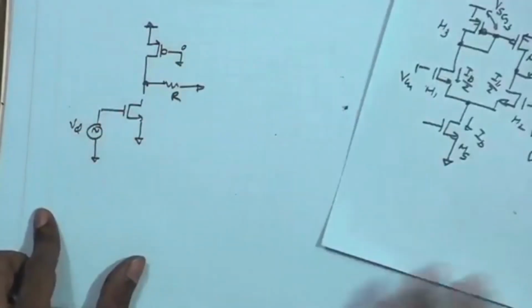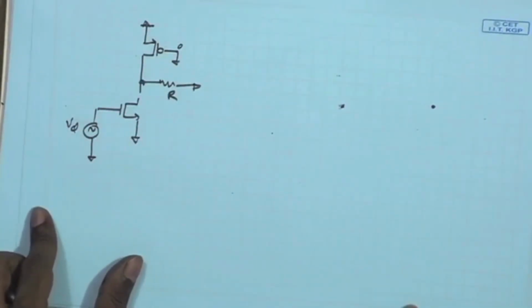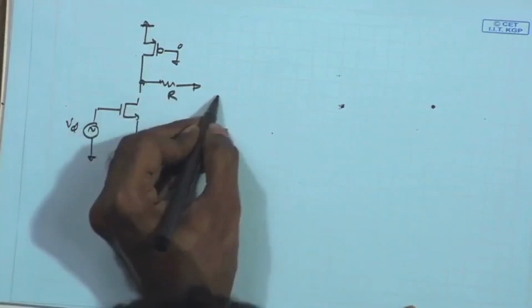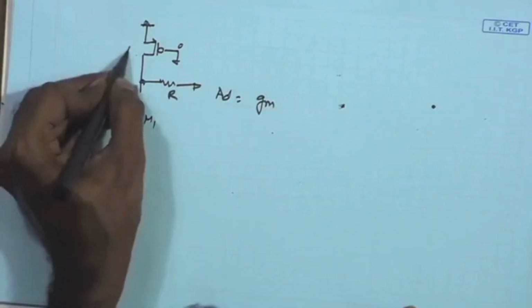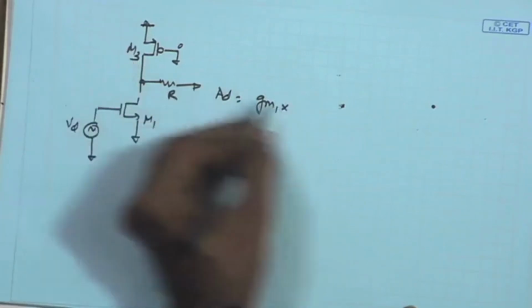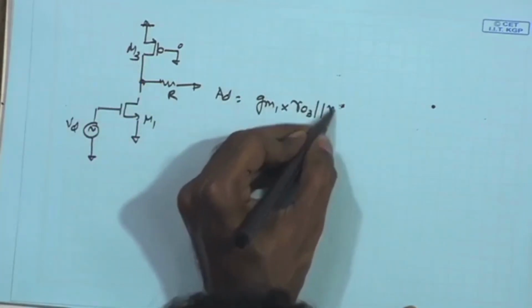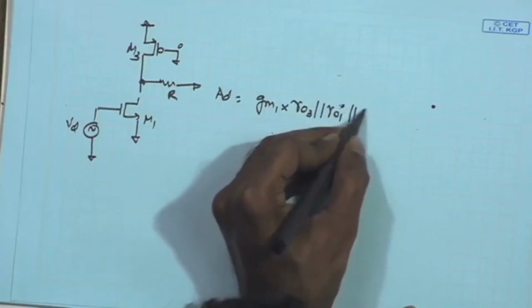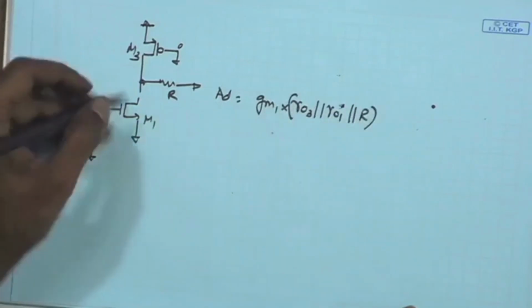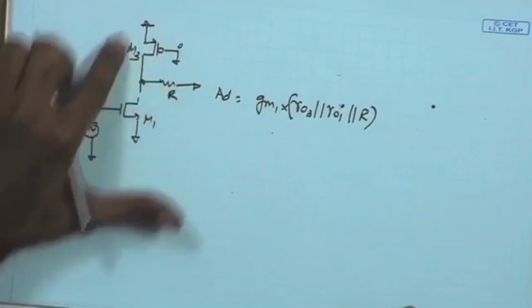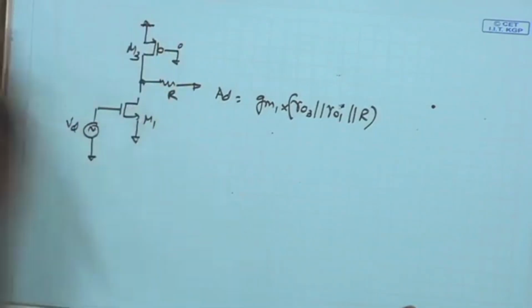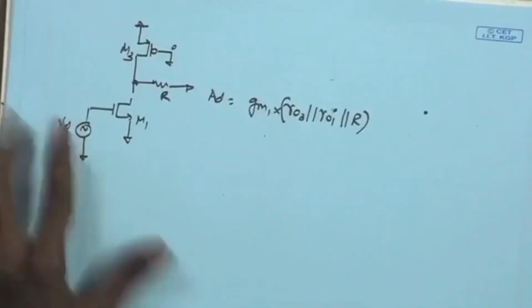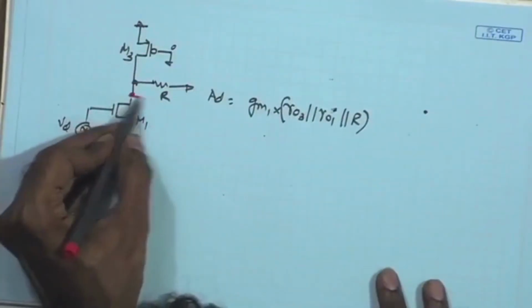As a result, for the differential half circuit, our gain can be modified as A differential is equal to GM1 times RO3 parallel RO1 parallel R, because we know that this equivalent differential half circuit is acting like a common source amplifier, where you have the RO of the two MOSFETs coming into picture between the drain and the AC ground.